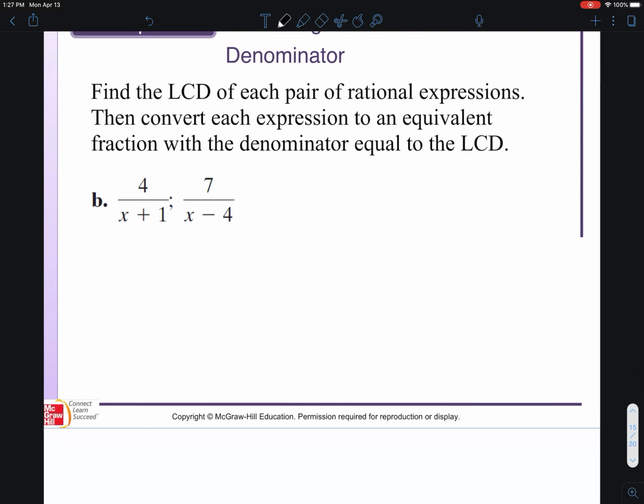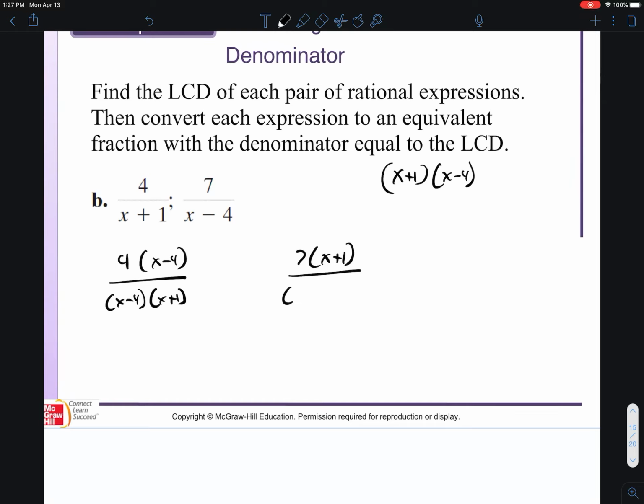And then here, this one's a little easier because my LCD is just going to be x plus 1, x minus 4. So this one I have to multiply by x minus 4, and the other one I'm going to multiply by x plus 1.